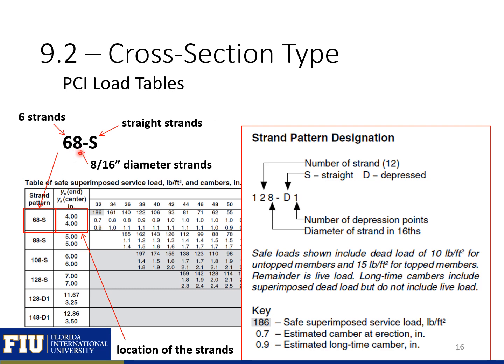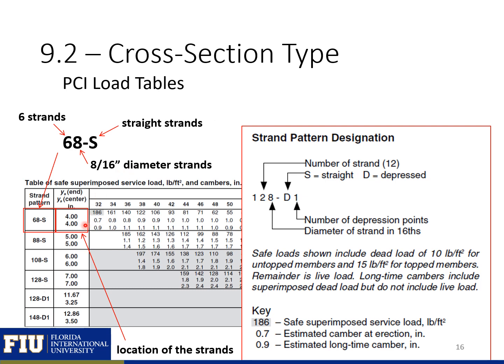Here it's 8 divided by 16-inch diameter strands, so we have all half-inch diameter strands for this load table. The last letter tells us whether we have straight or depressed or harped strands. So you can see we have straight strands for the first 4 cases here, and then depressed or harped strands with a single harping point at the end here for the last 2 rows.